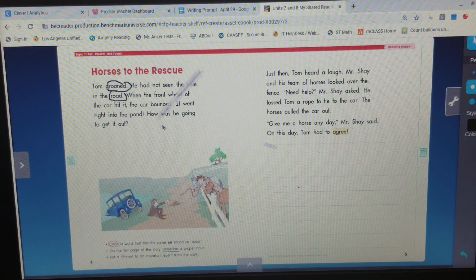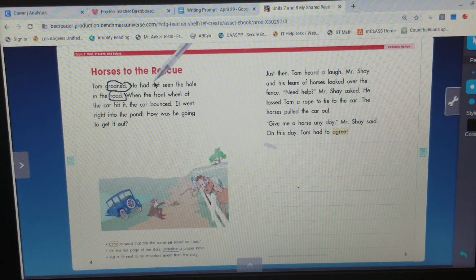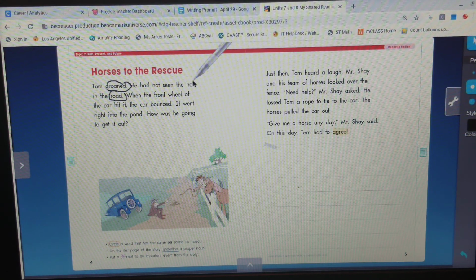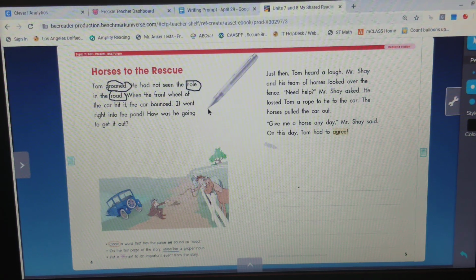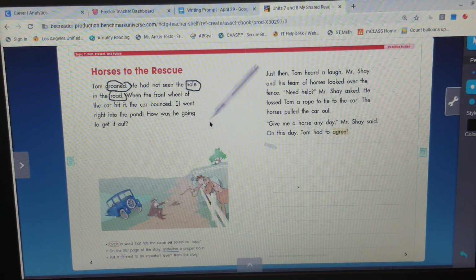Do you see anything else on this page that says O? There are at least 2 words, but they don't have OA. Let's keep going. He had not seen the hole. Hole. That's a spelling, O-blank-E. We didn't do that one this week, but we've heard about that spelling before.